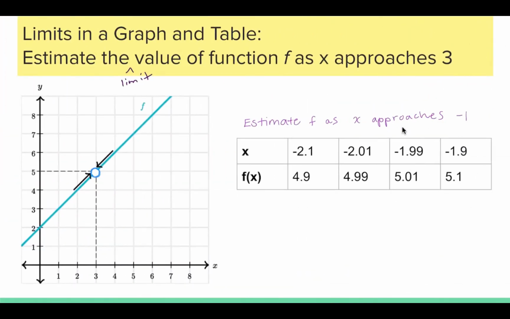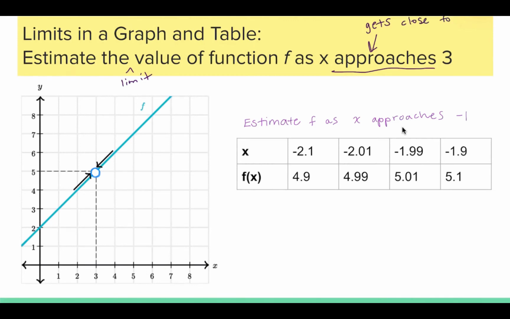So I can see that at x equals 3, there's no function value. But I want to know what's happening when you approach. I hope you all know this word approach. You can also just think of it like gets close to.